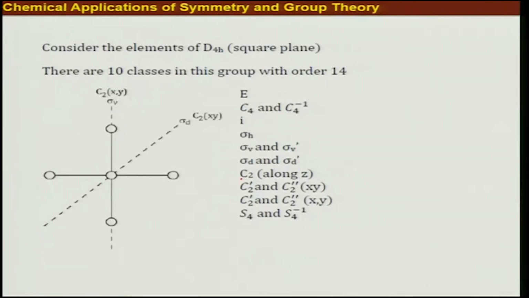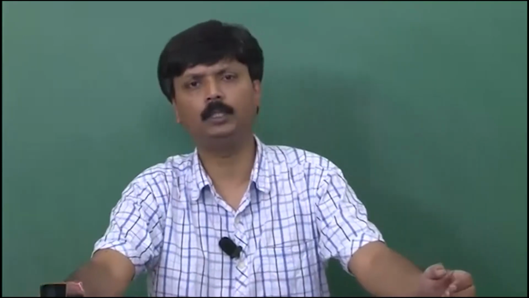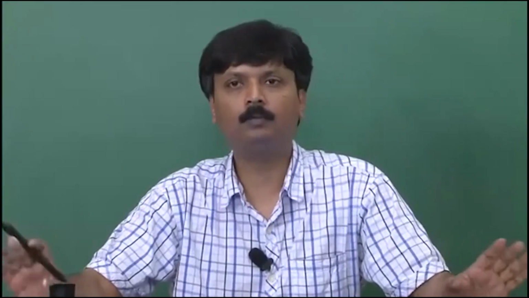So you have to try a lot of point groups, find the symmetry operations, perform the similarity transformation on them, and try to find the classes. Suppose I give you D4H or some other, say D4D, then there are certain troubles in front of you.